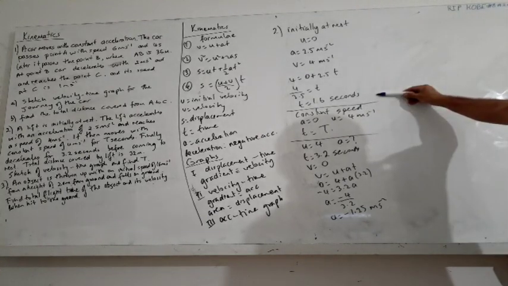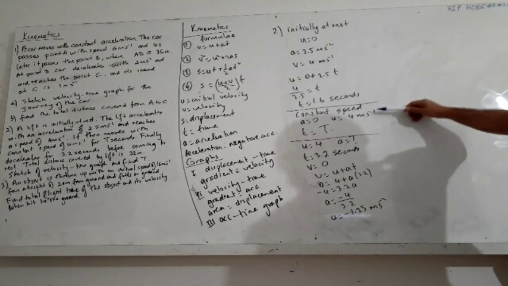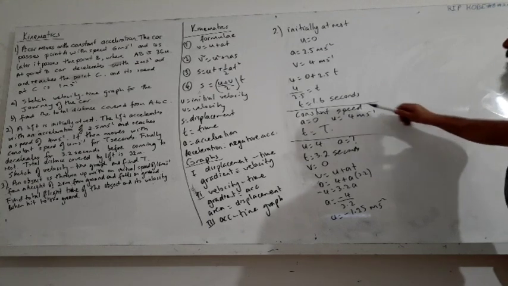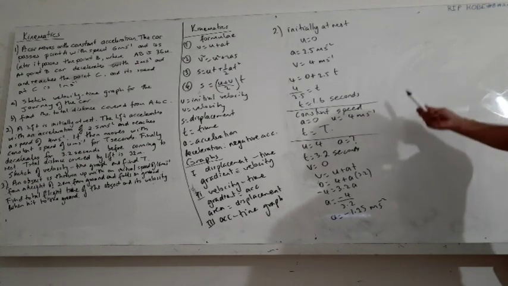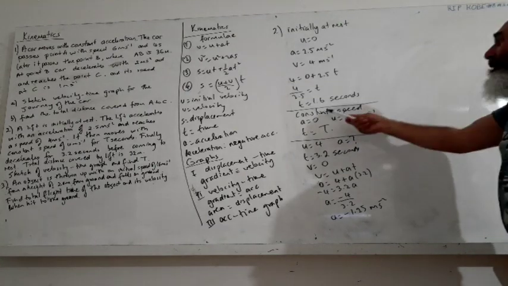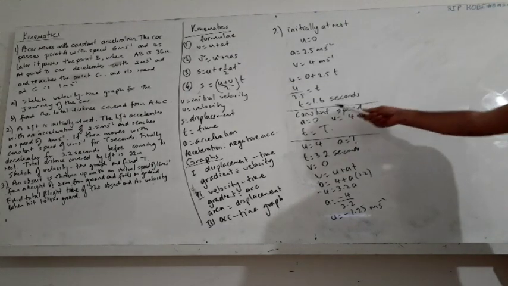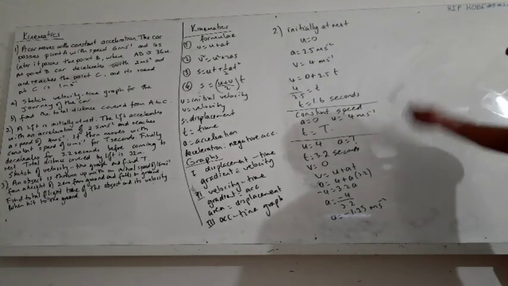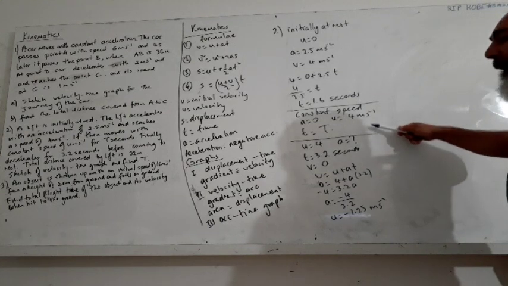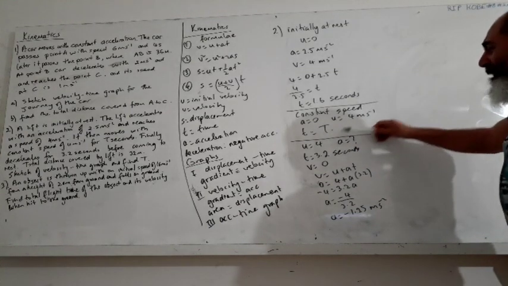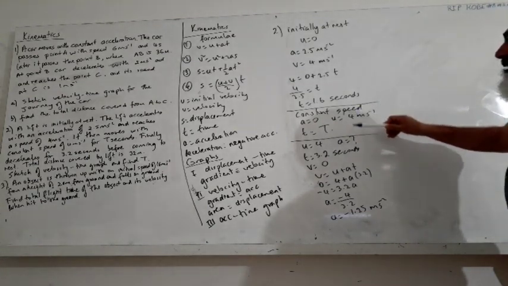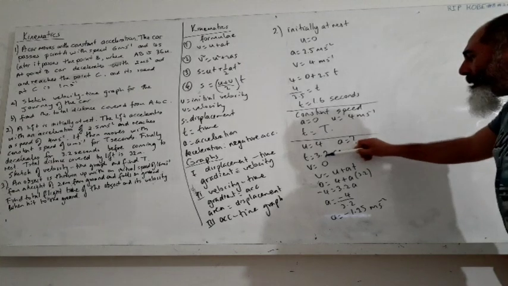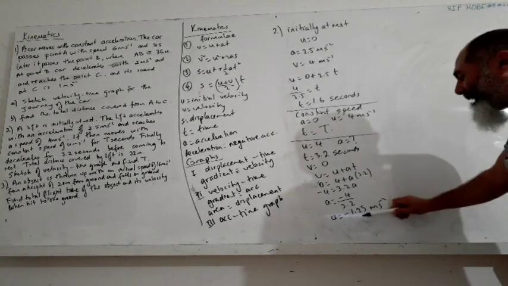In the second part of the journey, it travels with that speed of 4 meters per second without any acceleration, because the velocity was constant for t seconds. And in the third part of the journey, the speed was 4 and it comes to rest in 3.2 seconds. So the deceleration is 1.25 meters per second squared.